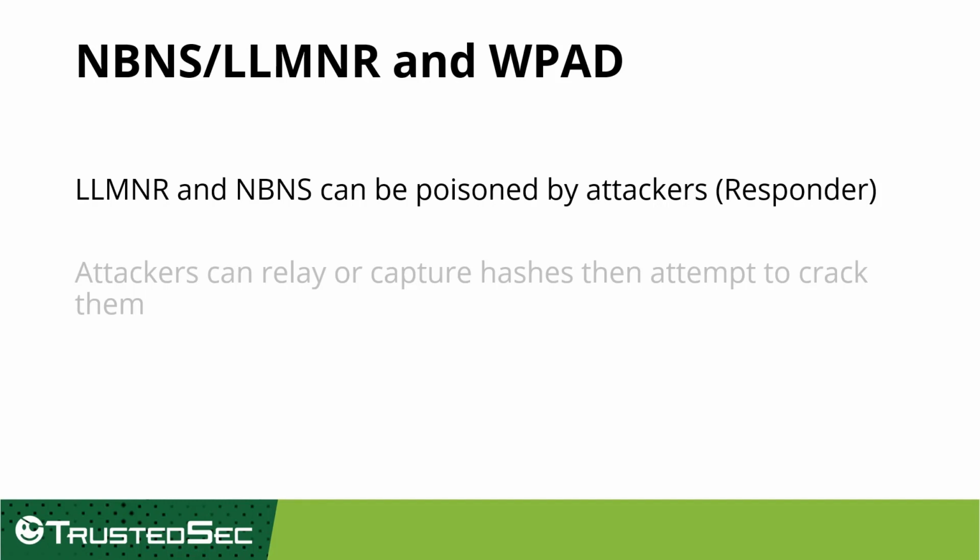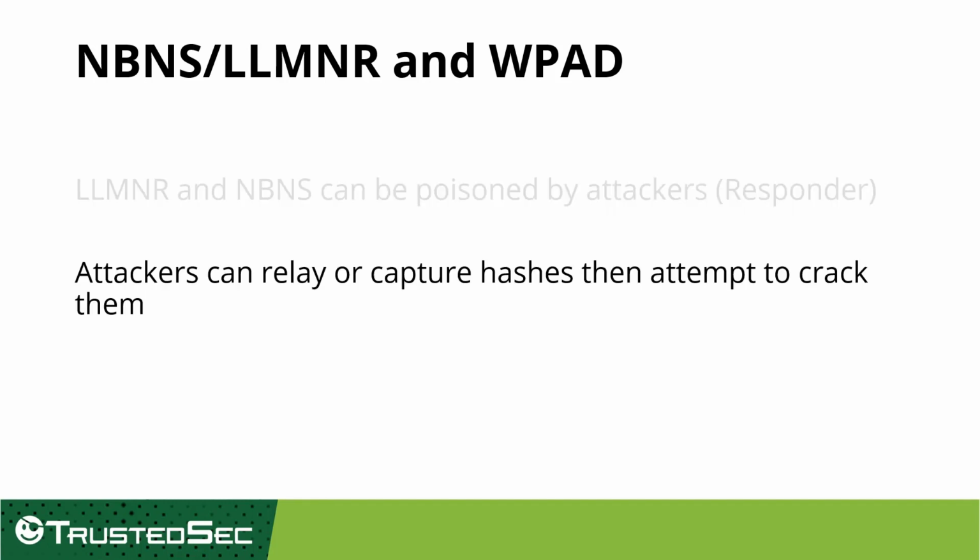In many cases, especially in Windows environments, this is typically the NetNTLM version 2 hash. Attackers can then try to either relay the hash to another host to gain access that way, or they can capture the hash and then try to crack the hash offline. That way they would get the plaintext password for that account.